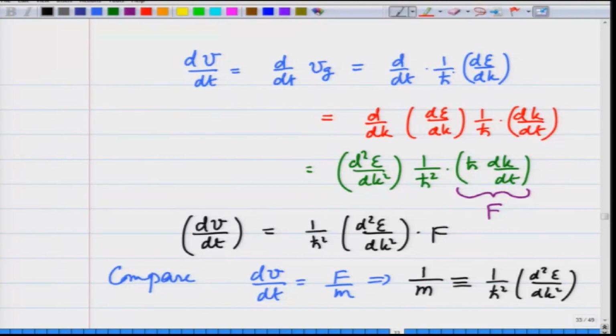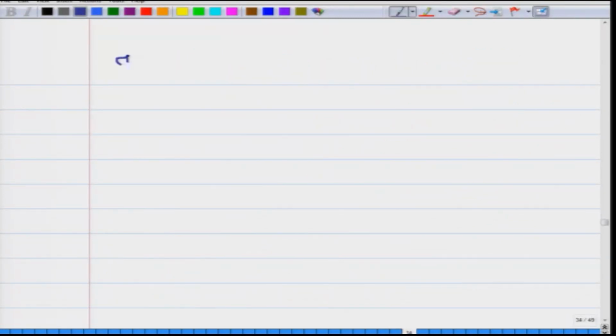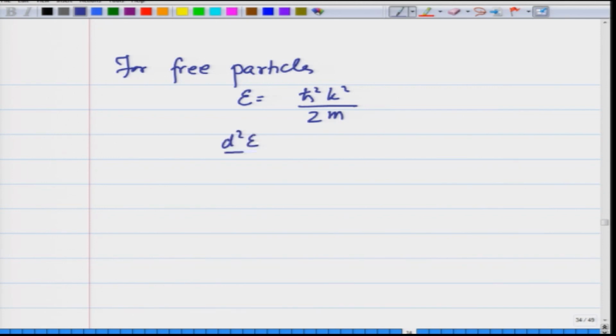Let us see if this is true for free particles. For free particles, E is h cross square k square over 2m. So, d2E by dk square comes out to be h cross square over m, and this implies 1 over h cross square d2E by dk square is 1 over m.